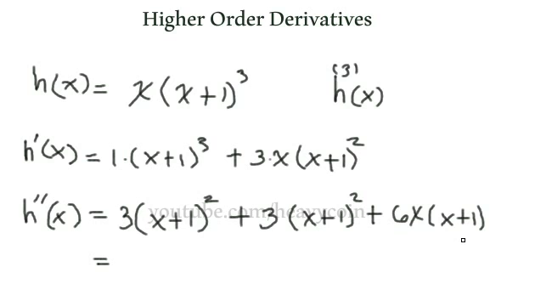Okay, let's look at this. Well, we can condense this down before we take the derivative again, so let's just go ahead and do that. Okay, so we're going to have 6x plus 1, right, quantity squared.